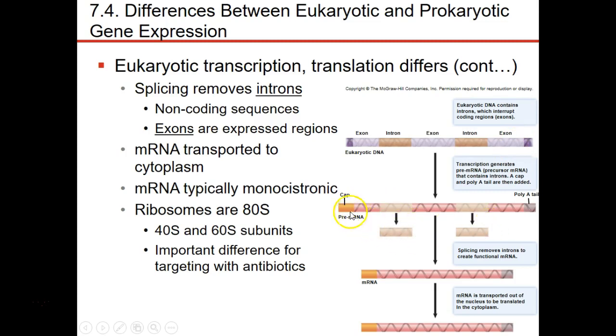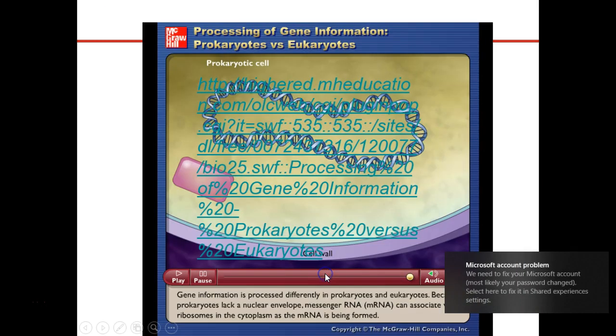So we cut out the introns, we splice together these exons, we add a guanine cap that protects our messenger RNA, we add a poly A tail that protects our messenger RNA and allows translation to occur more effectively. And then once we have done all that, we now have a mature messenger RNA that can leave the nucleus and enter the cytoplasm.